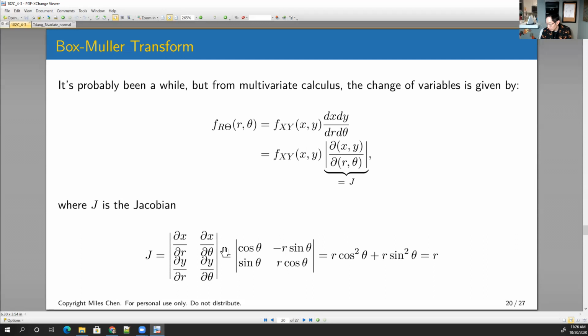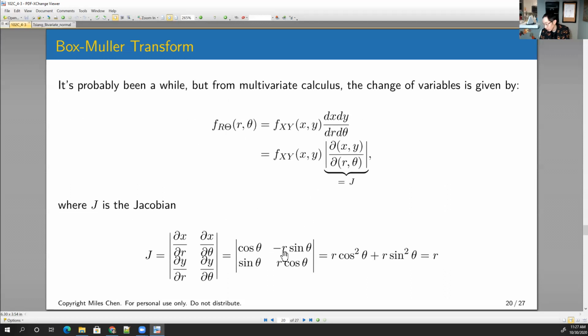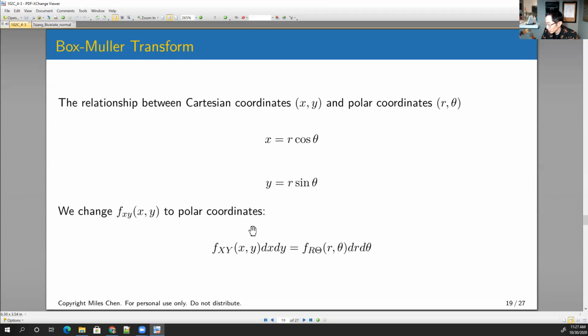What's the partial of x with respect to theta? We treat r as constant, and cosine theta becomes negative sine theta, so we get negative r sine theta. Similarly, you do the same thing for y. How does y change with respect to r? You get sine theta. How does y change with respect to theta?